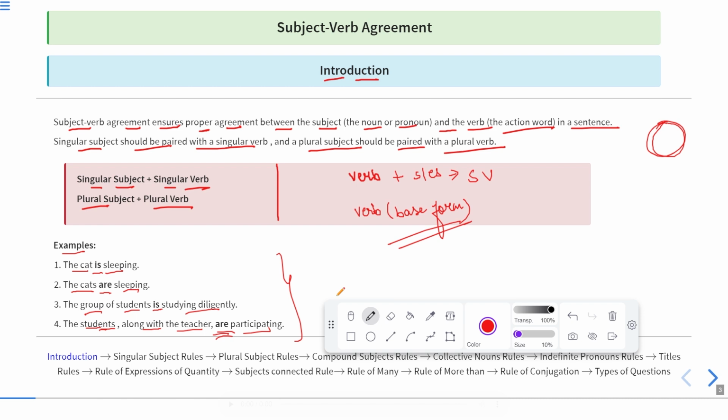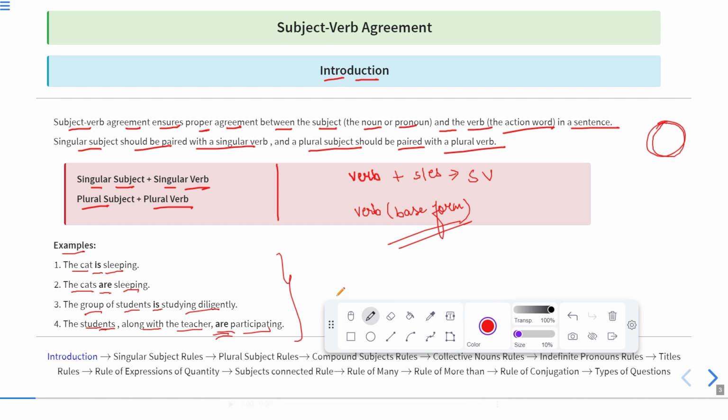Now, maybe there are many rules of subject-verb agreement, but we should keep one thing in mind, that we have to identify the subject first. If we are able to recognize the subject of the sentence and whether it is singular or plural, then it will be very easy for all of us to put the verb, because we know when the subject is singular, the verb should be singular.